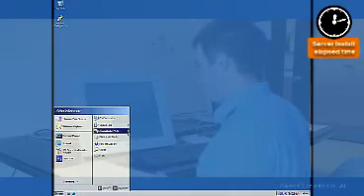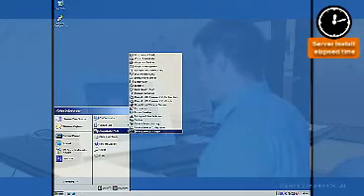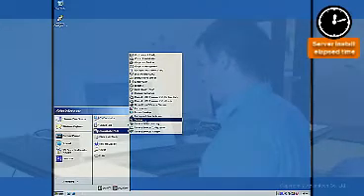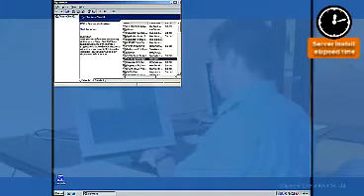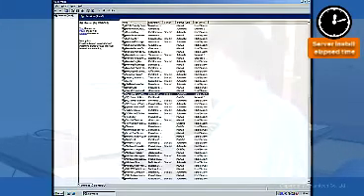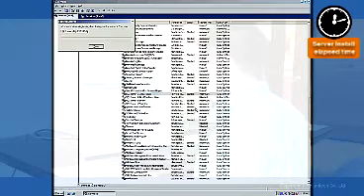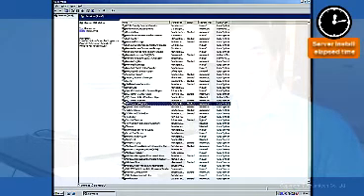We are going to start Administrative Tools, Services. We are choosing SQL. I'm going to restart. Instead of restarting, you also could just reboot your complete system. That would do the same and you would not have to look up the services in particular.